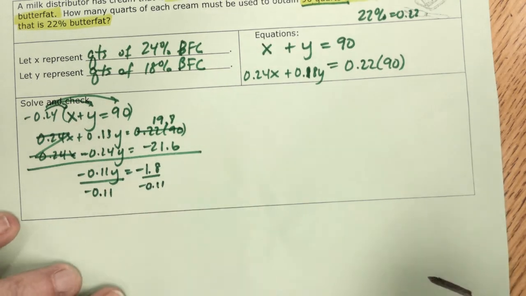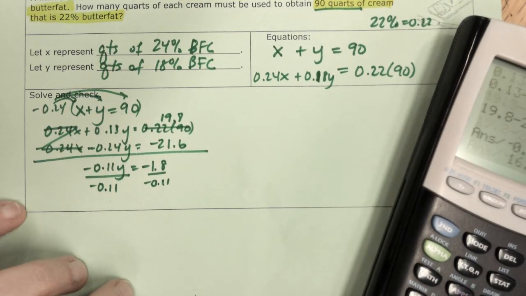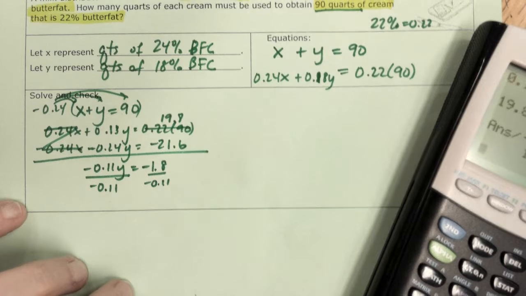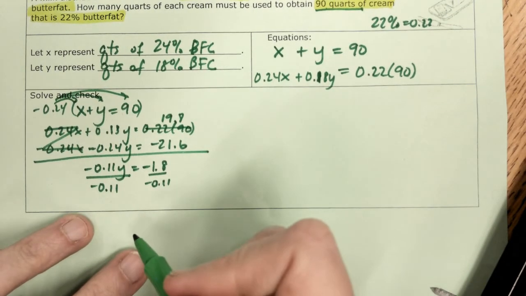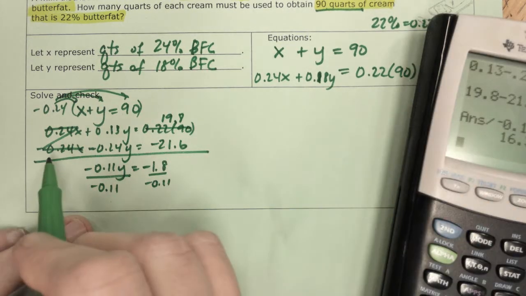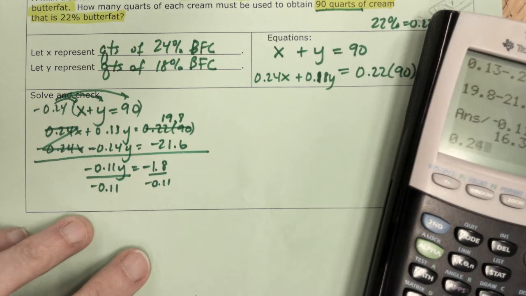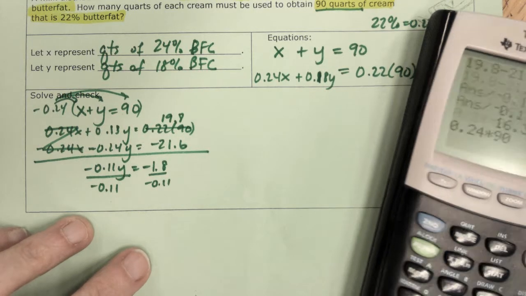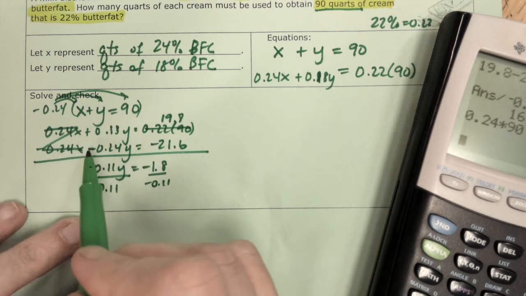I'm a little freaked out. What in the world? That isn't right. I got 16.36. Let's see if I can figure out what I did wrong. 0.24 times 90, I got 21.6 negative. That's right, because it was negative.